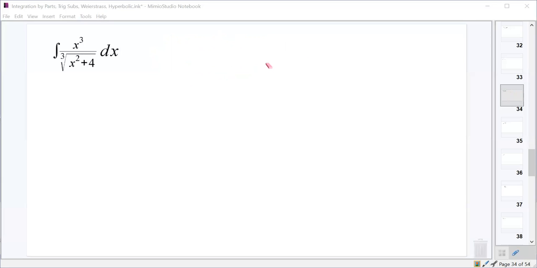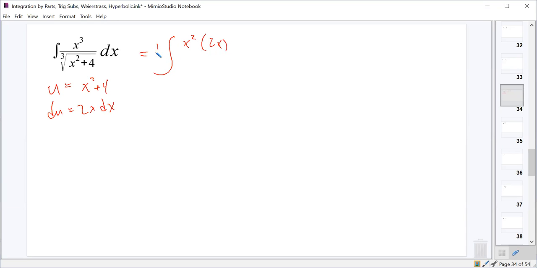So what's the u substitution that you guys want to do then? Let u equal what? x squared plus 4. Okay, so then what's du equal? It should be 2x dx. And what else does that tell us here? Well, let's just start rewriting it. We've got x cubed. Well, what's x cubed? That'd be x squared times x, and we need to have it be a 2x, right?